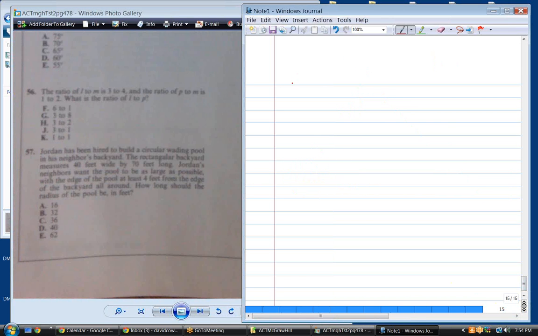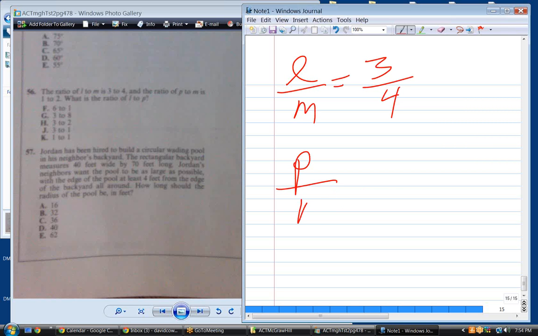This says the ratio of L to M is 3 to 4. The ratio of P to M is 1 to 2. What is L over P? Is that just 3 to 1?